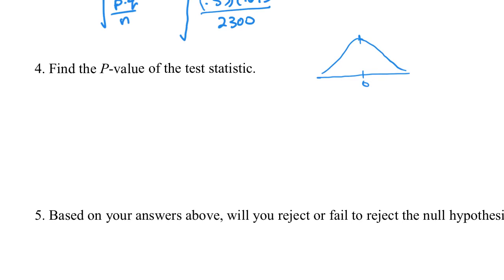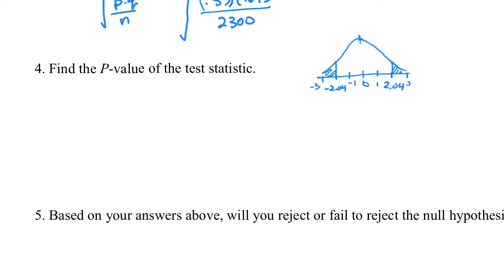We've got 2.04, but we've also got negative 2.04 because this is a two-tailed test. Okay, here's 1, 2, 3. This is just a little bit beyond the 2. Negative 1, in other words, and negative 3.